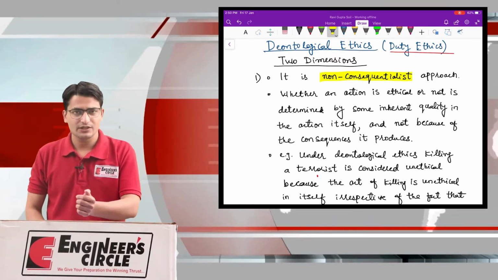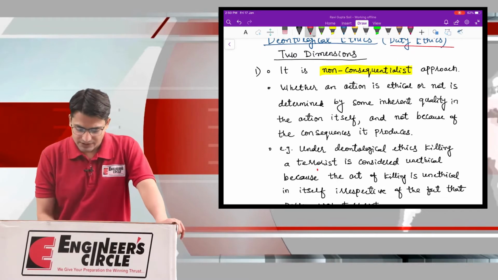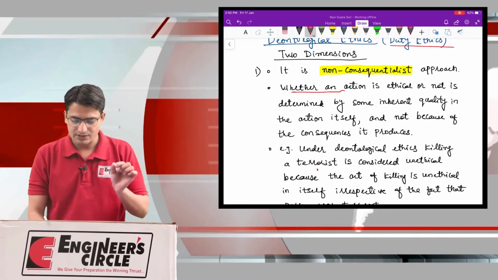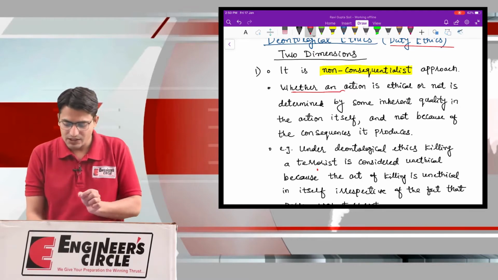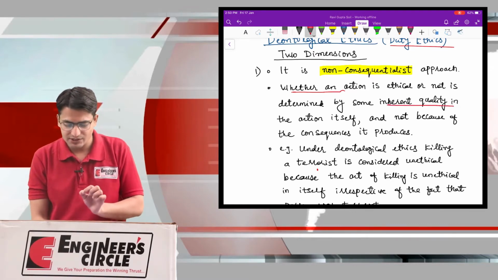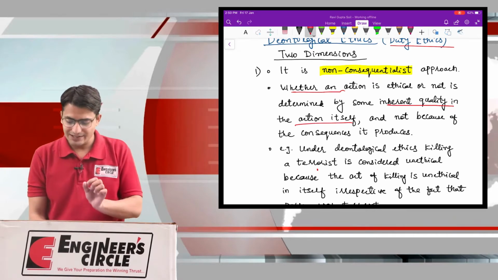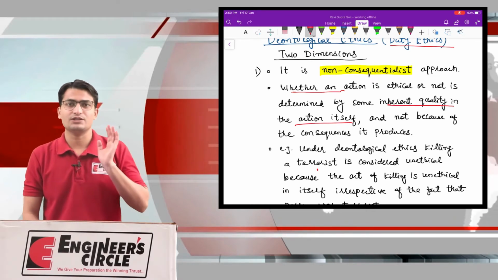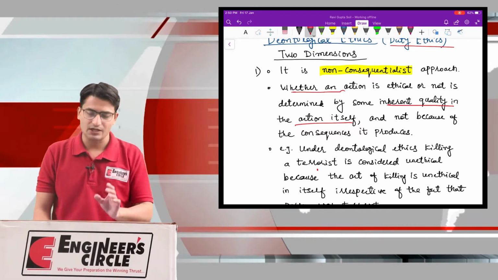Whether an action is ethical or not is determined by some inherent quality in the action itself and not because of the consequences it produces. This is the main aspect.